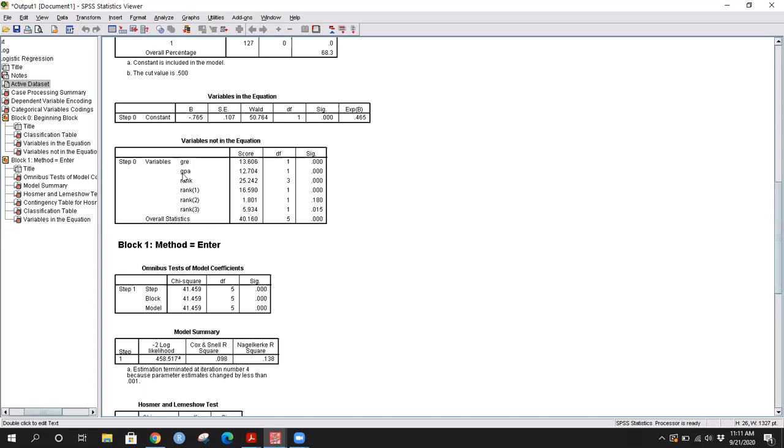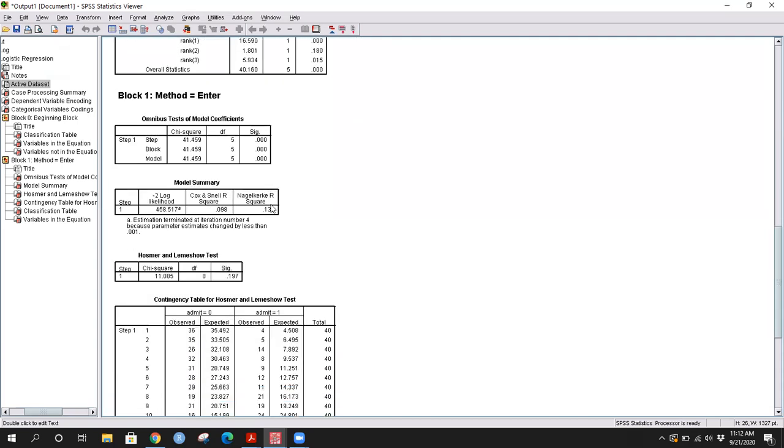Likewise, you can see GPA and rank, all three as depicted through these p-values, are good variables. These variables significantly contribute in improving the fit of the model. So that's all from this table, nothing beyond. Now, that was the empty model and less informative.